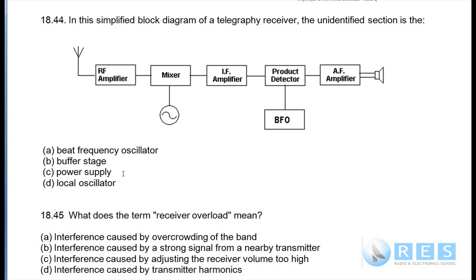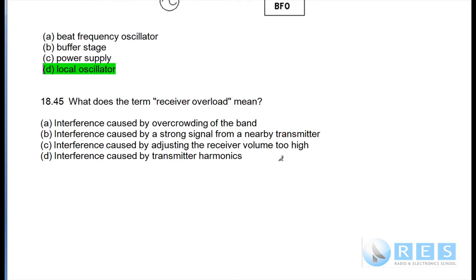It's just not labelled as a local oscillator. There are two oscillators, the local oscillator and the beat frequency oscillator. The first oscillator is called the local oscillator because originally it was the oscillator that put the carrier back in, but now we have multiple oscillators in receivers.